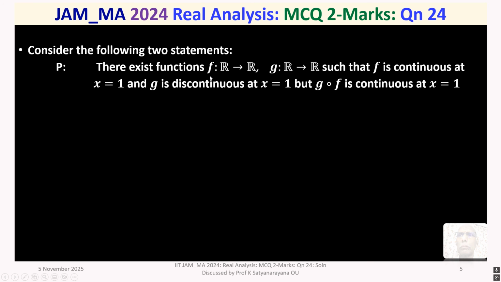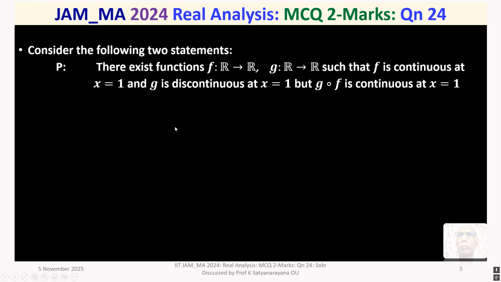So we have 2 functions f and g from R to R such that f is continuous at x is equal to 1 and g is discontinuous at x is equal to 1, but g compose f is continuous at x is equal to 1. Is this statement P true?